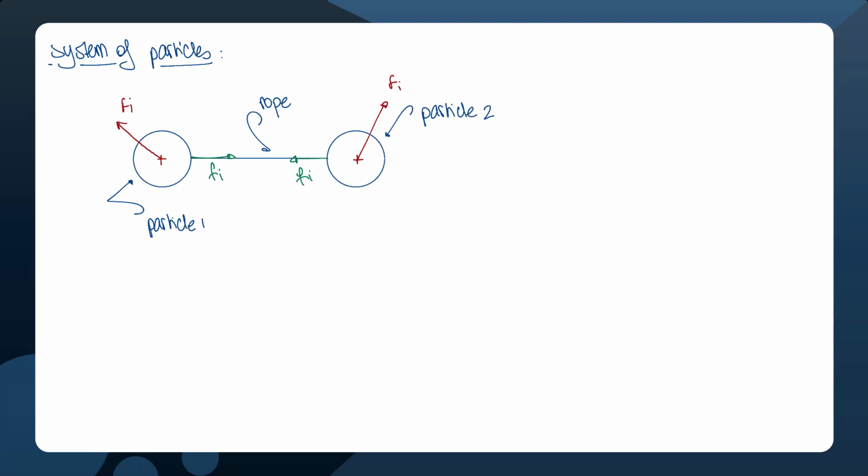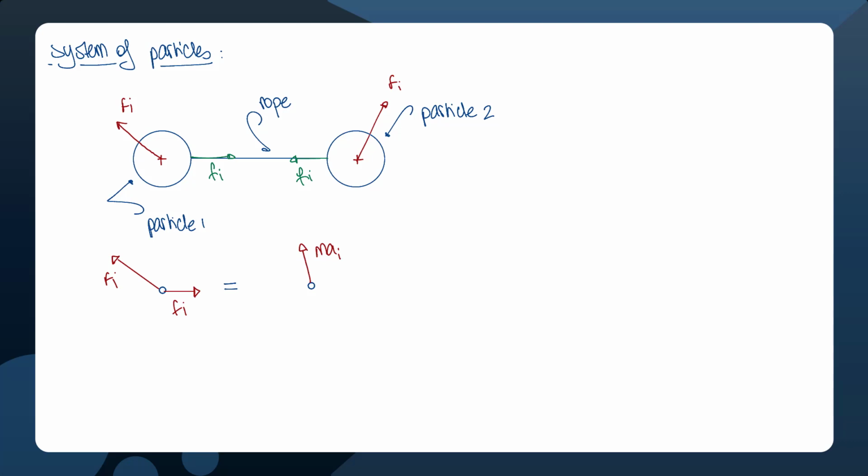So if we take particle 1, and we apply the free body diagram and the kinetic diagram, one has the following of a particle. Let us work now with the system of particles. So in the schematic here, we're working with two particles, particle 1 and particle 2, which are both connected with a rope.